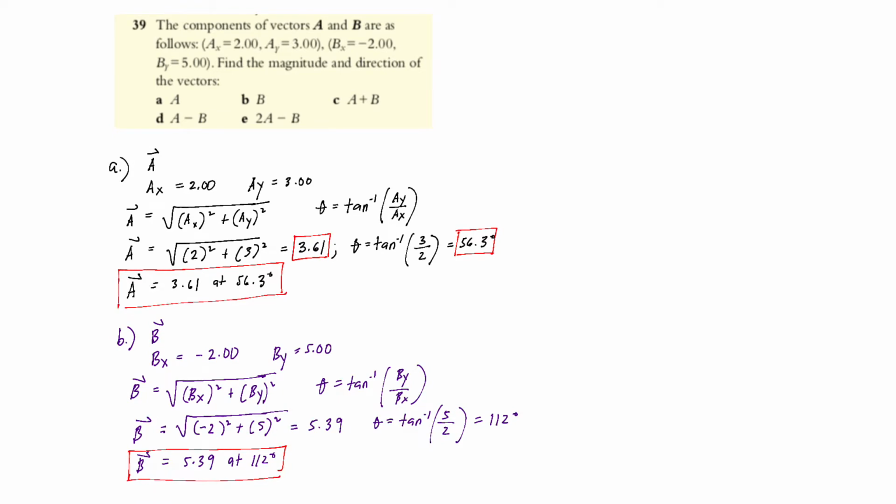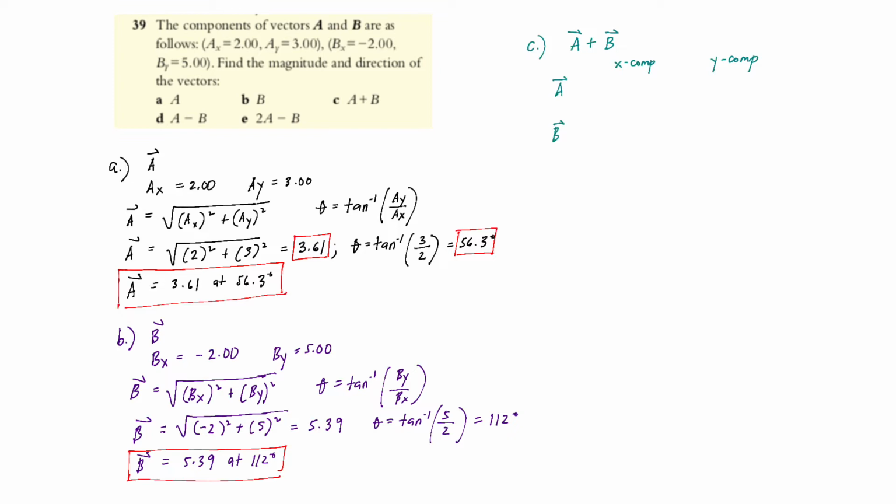Now, how about letter C? For letter C, we're gonna have the vector a plus vector b. It will be okay if we write the components of vector a and vector b, the x component and then the y component.